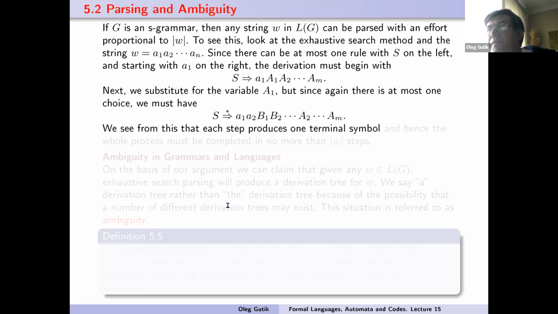We see from this that each step produces a terminal symbol, and hence the whole process must be completed in no more than the length of W steps.